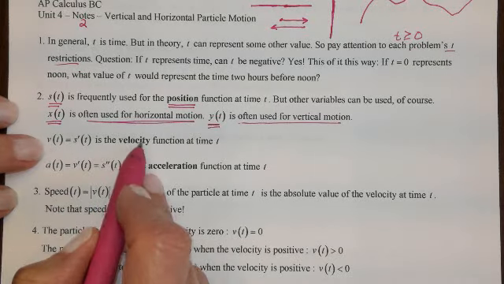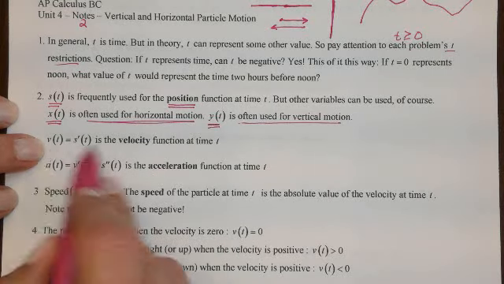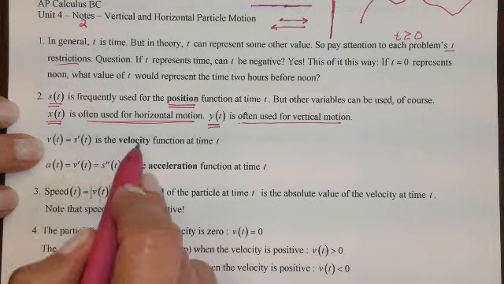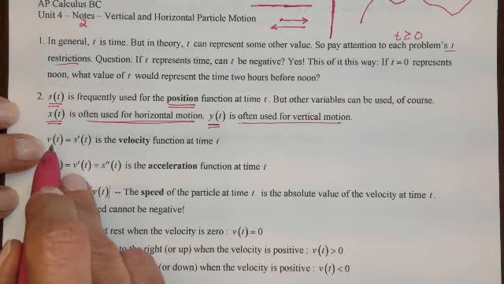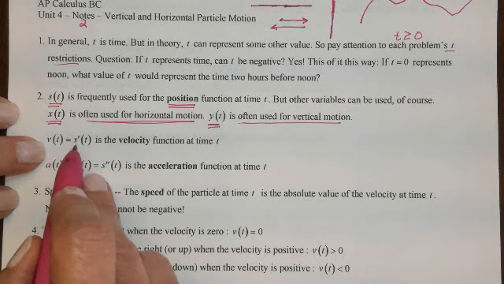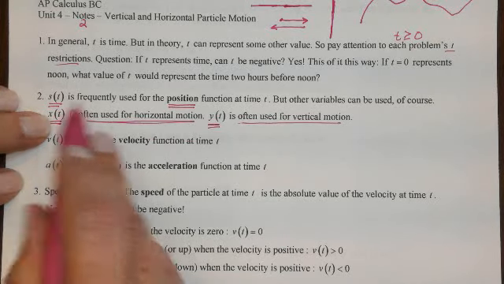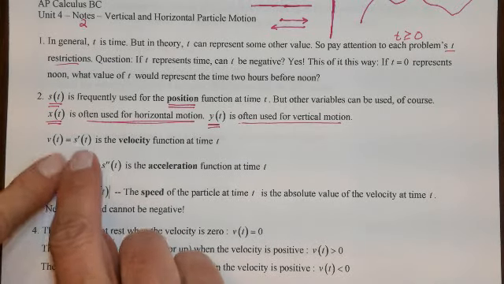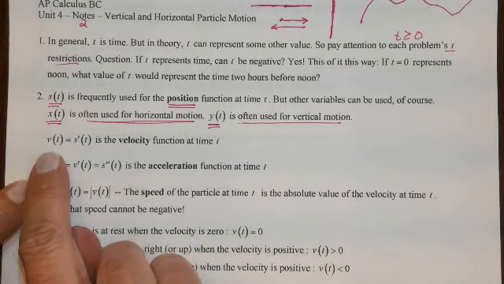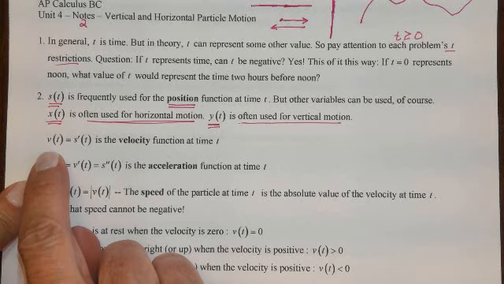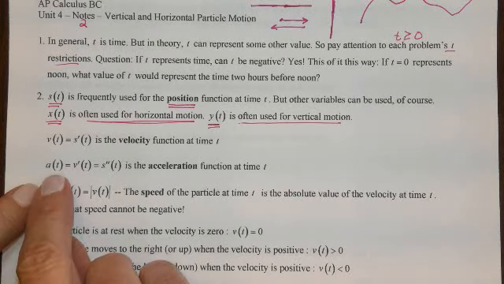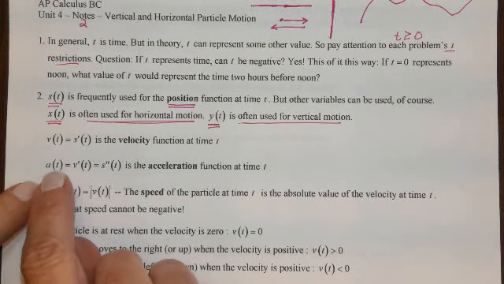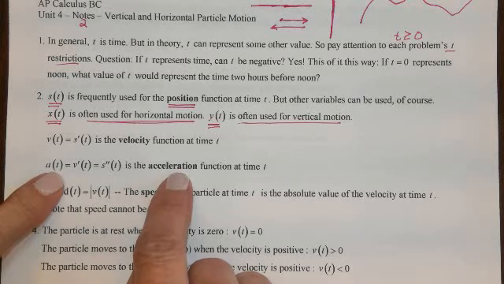V represents velocity. V is always the velocity function, okay? And to find the velocity function, you take the first derivative of that position function, whatever position function it is. So the first derivative of position is velocity. Acceleration is, well, A of t is acceleration.